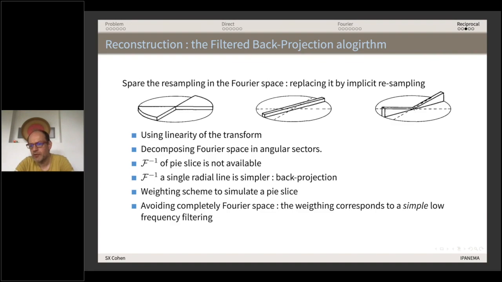So I'm reducing the low frequency and amplifying the high frequency. So instead of taking the radon, doing a 1D Fourier transform, applying a weighting and doing the back Fourier transform, I can just replace all this by a filter. And then I do the back projection on the filtered version of the radon.